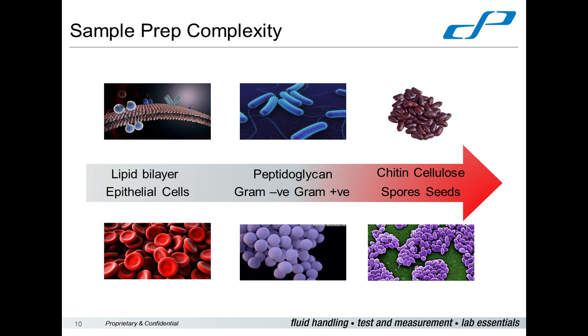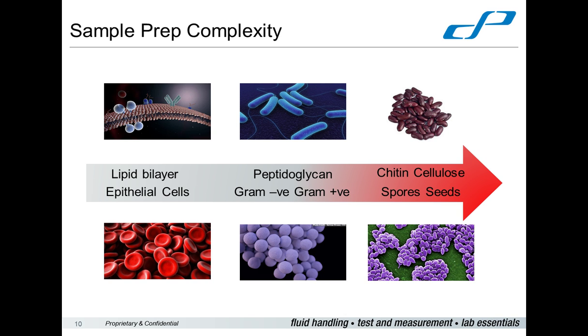So under the microscope, you can very quickly tell if you've got a gram-positive or a gram-negative. So it follows then that gram-positives with the thicker peptidoglycan layer, things like staphylococcus or streptococcus, these often require a more complex sample prep procedure than a gram-negative like E. coli or Klebsiella.